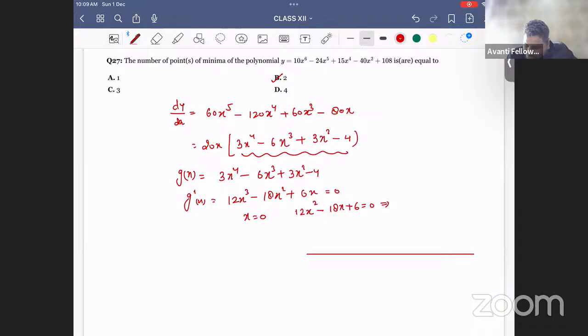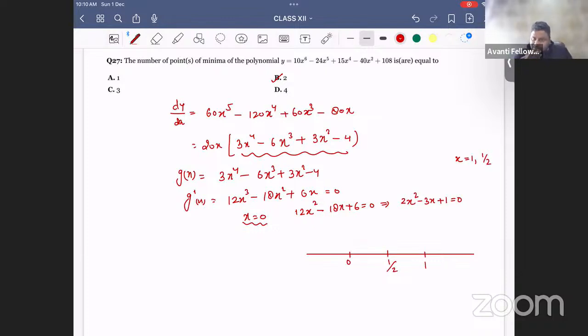If you divide it by 6, it is 2x square minus 3x plus 1 equals 0. Got it? So g dash is zero at 0, 1 by 2 and 1.